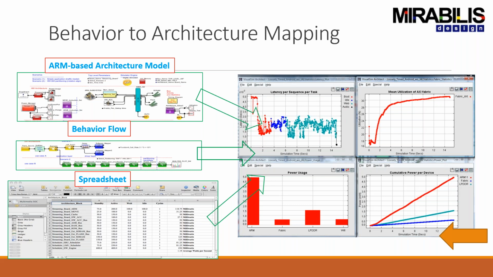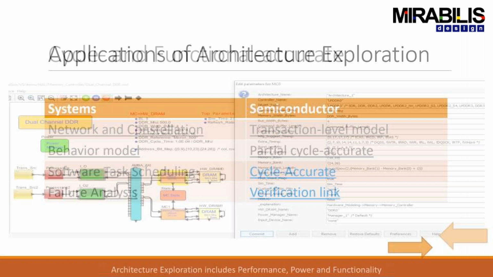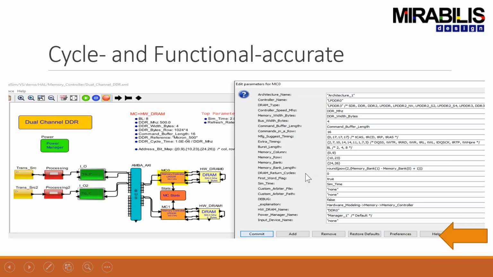Will I still be able to complete the required number of tasks that need to be performed, or the number of images or the number of frames that need to be processed within this time period? So now that I've started looking at more details, where I'm actually having an accurate processor model and a detailed accelerator or an IP block model, I want to take it to the final level where I start putting in more cycle accuracy.